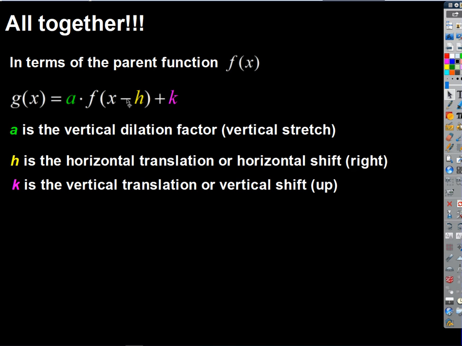In order for us to actually input a 4, for example, here, let's say we want to shift this thing to the right by 2, right? For us to shift this thing to the right by 2, that means that the x value that the function is seeing, like if I want to put in a 4, we'd like that to be a 6, wouldn't we?